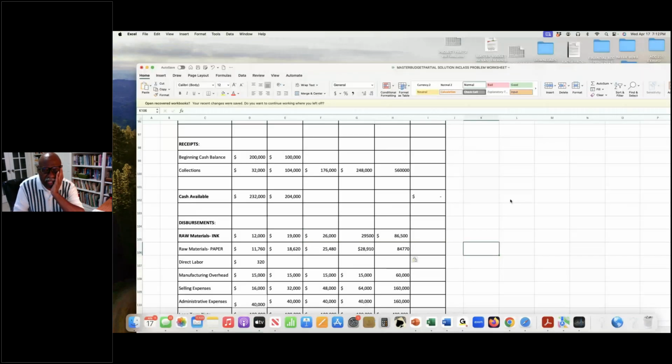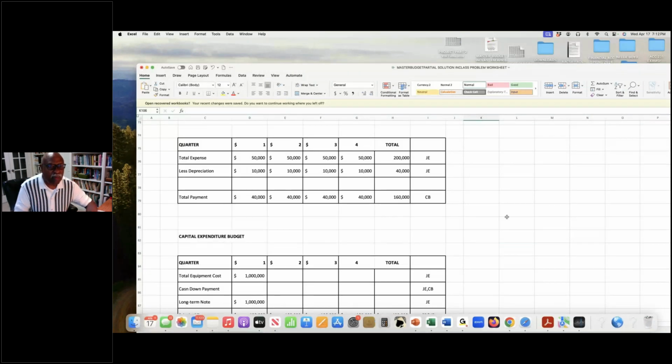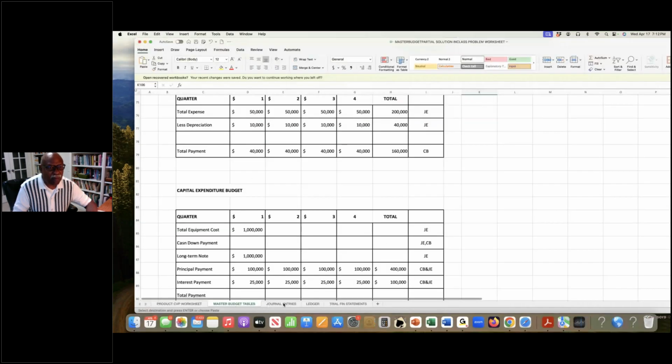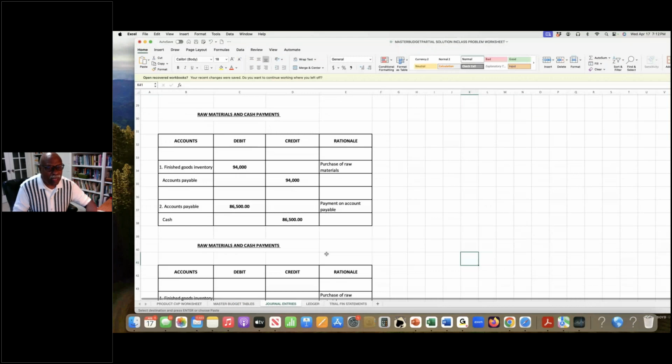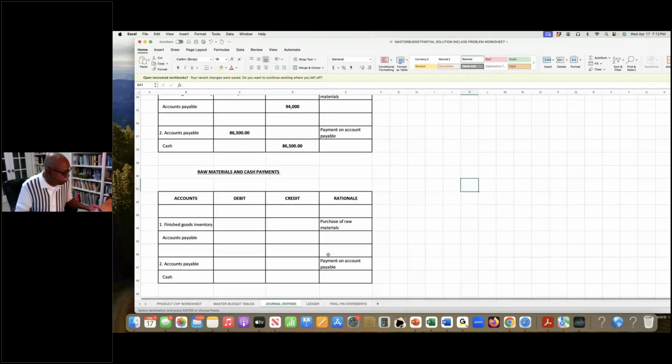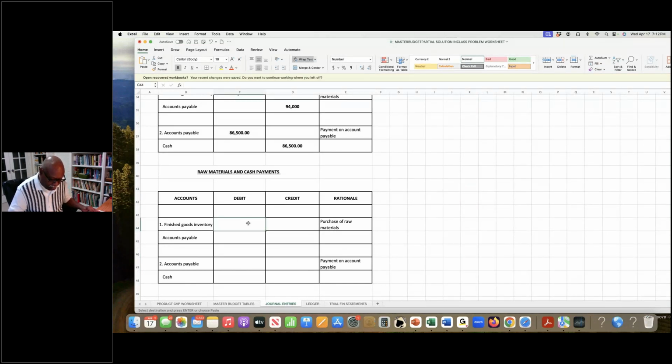Then we've got to make the journal entry. So on the paper, it was 92,120. That's what we bought.